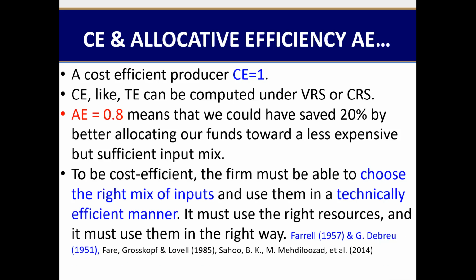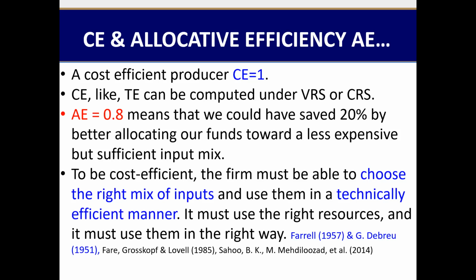Now, let's go back to cost efficiency. To be cost efficient, always remember that a DMU must be able to choose the right mix of inputs. That is allocative efficiency. You should be able to choose the right input mix, and when you choose it, then you use them well.